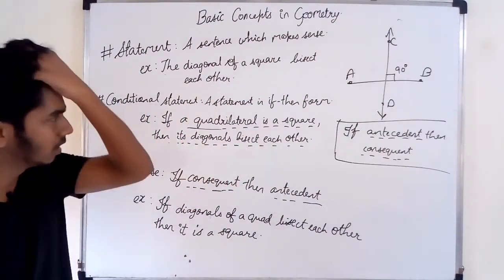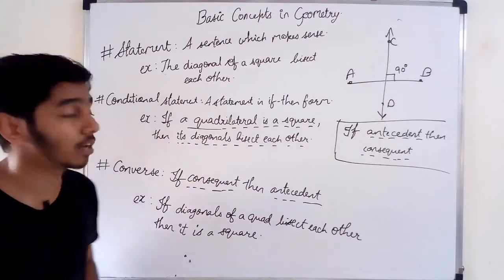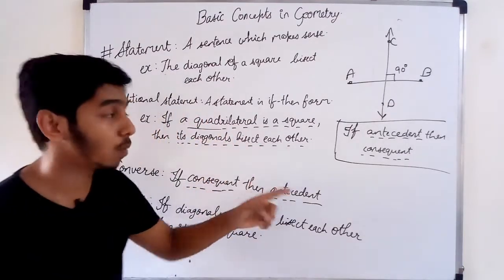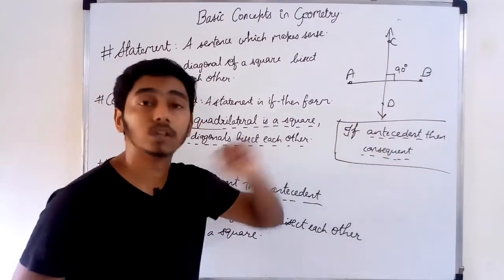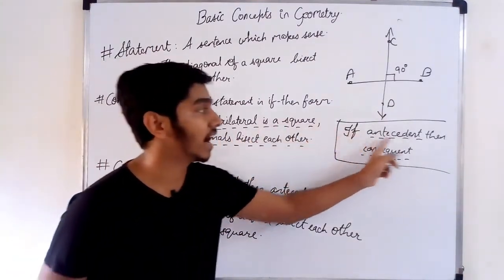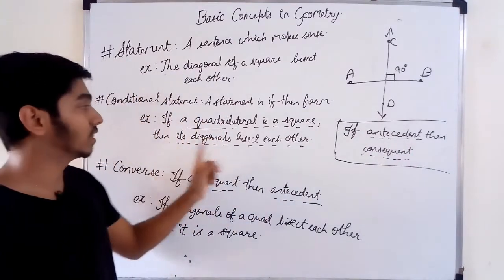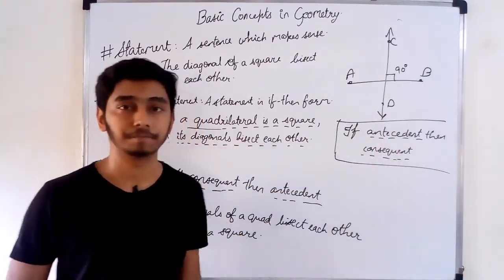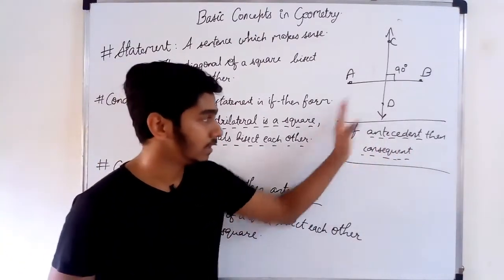So that's what we did in the conditional statement. Then we understood what is an antecedent and what is a consequent. The part after if is antecedent and the part after then is called consequent.